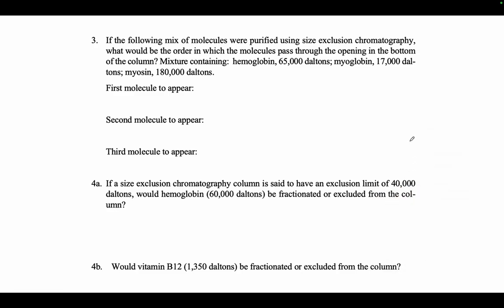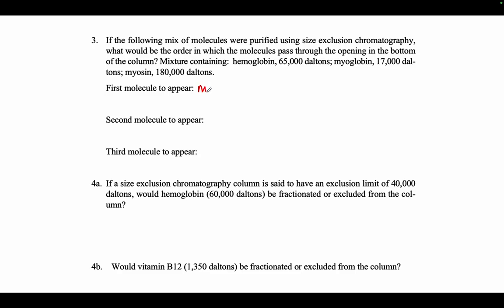So here they're saying if we have a mixture of molecules containing hemoglobin, myoglobin, and myosin. Hemoglobin is 65 kDa, myoglobin is 17 kDa, and myosin is 180 kDa. What order will they pass through a size exclusion column? As we've just discussed, the bigger molecule will elute first and the smaller molecules will elute later. So obviously the biggest molecule will be the first to appear.